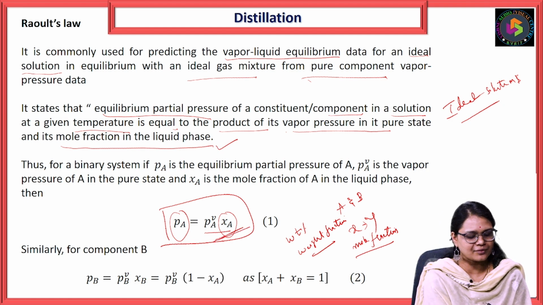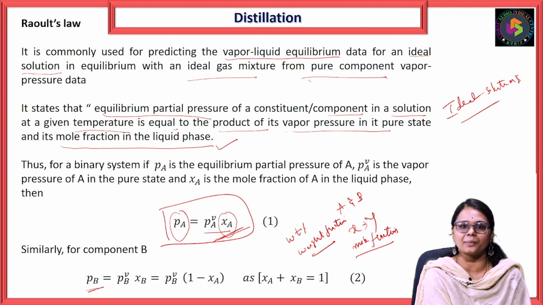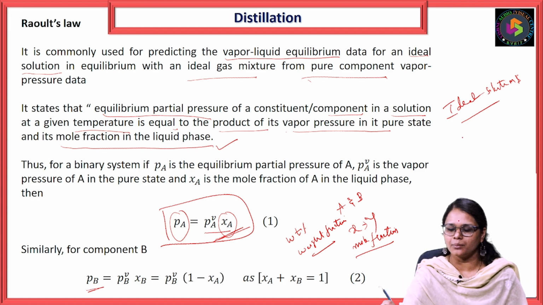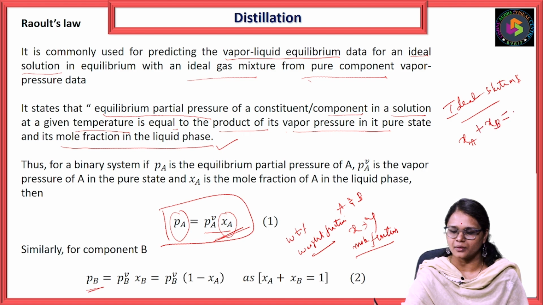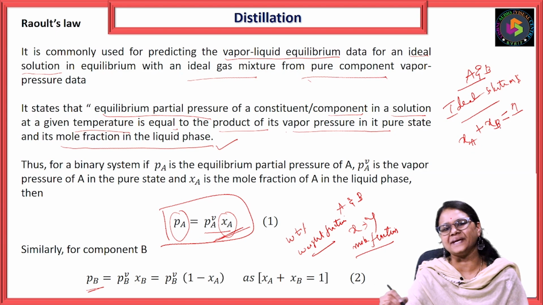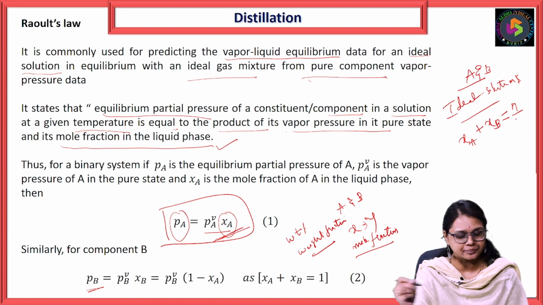Similarly, for component B, I can write PBV into XB. For a binary mixture, the sum of mole fractions, XA plus XB, will be equal to 1. If A and B are the two components, the mole fraction of component A plus the mole fraction of component B in the liquid phase equals 1.